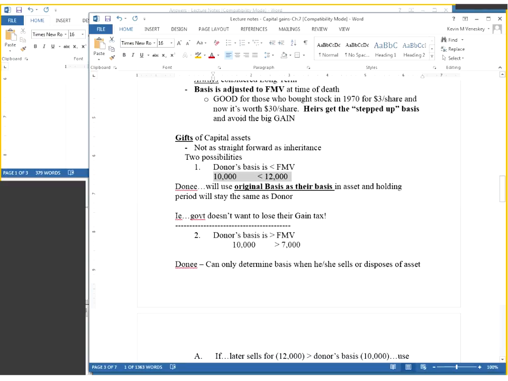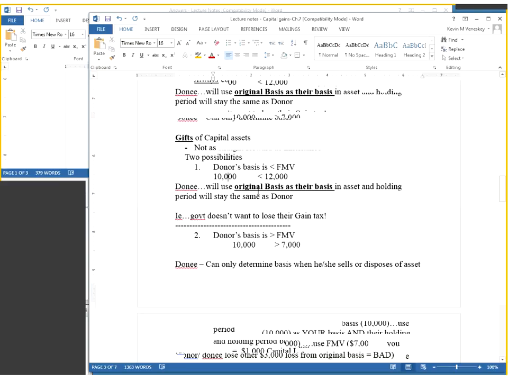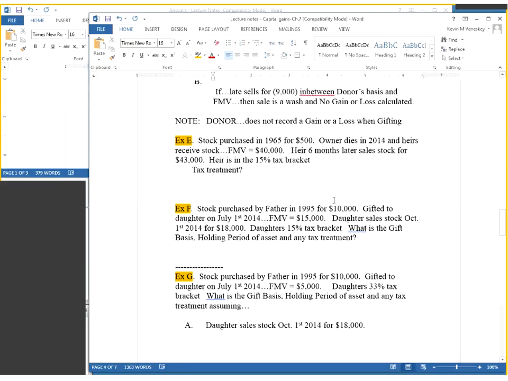The donor's basis is less than the current value. So remember our rule, the donee will always use the original basis in this case. So the daughter's basis is going to be 10, no matter what it's worth right now, because the value went up. The daughter turns around a few months later and sells it for 18.